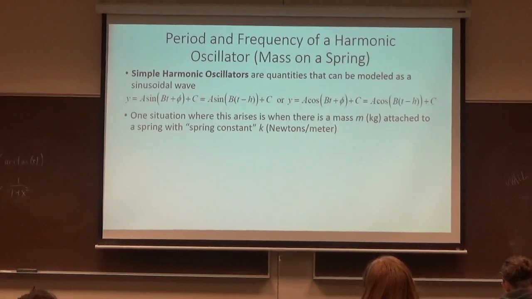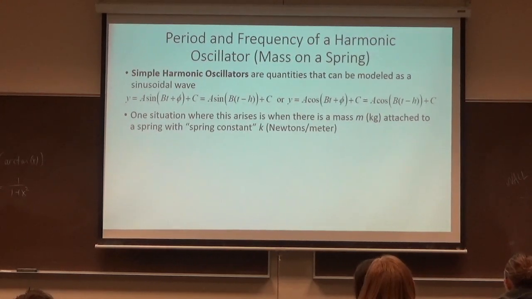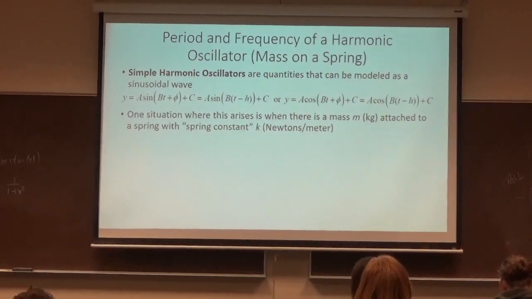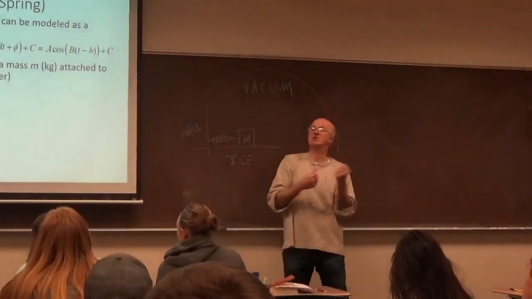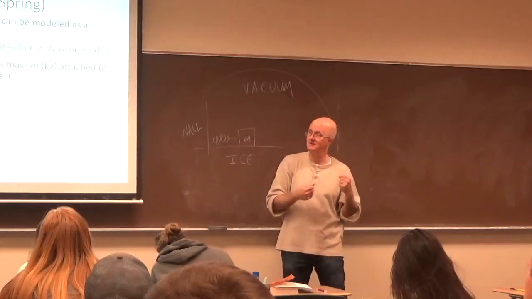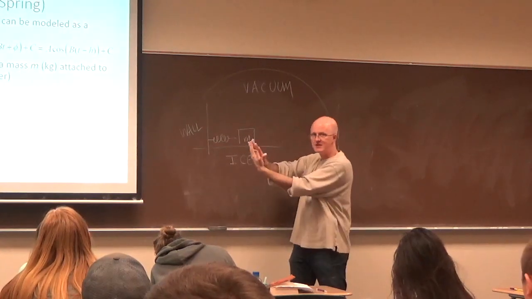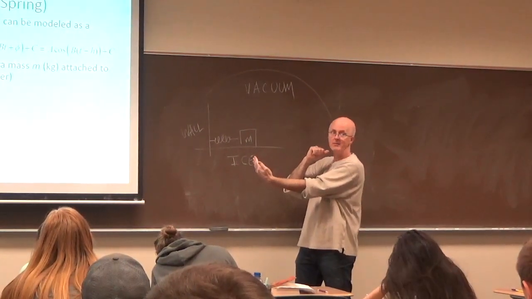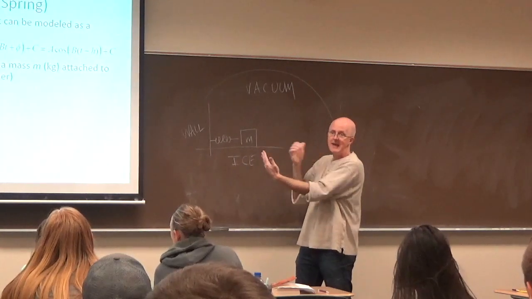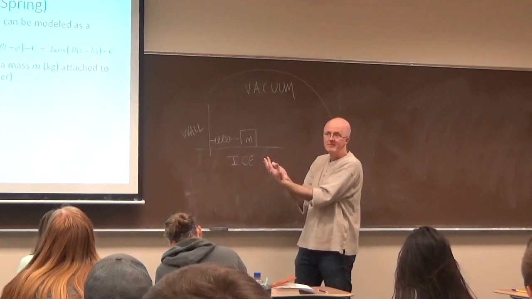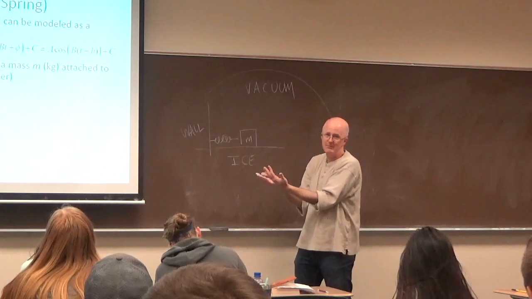Large k maybe corresponds to a real stiff spring, like it's real thick. It would be a very strong restoring force, yanking it back to equilibrium and then past, and then it gets squashed and it wants to go back the other way toward equilibrium. And if k is small, that's not a very stiff spring, that's maybe more like a slinky.